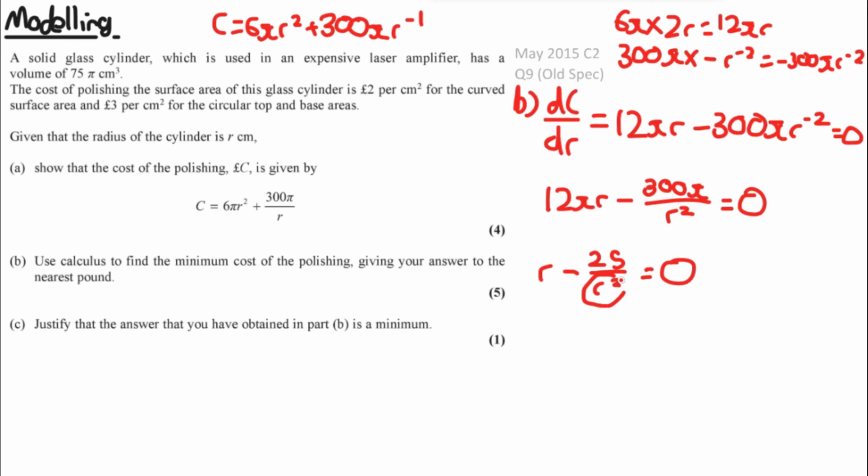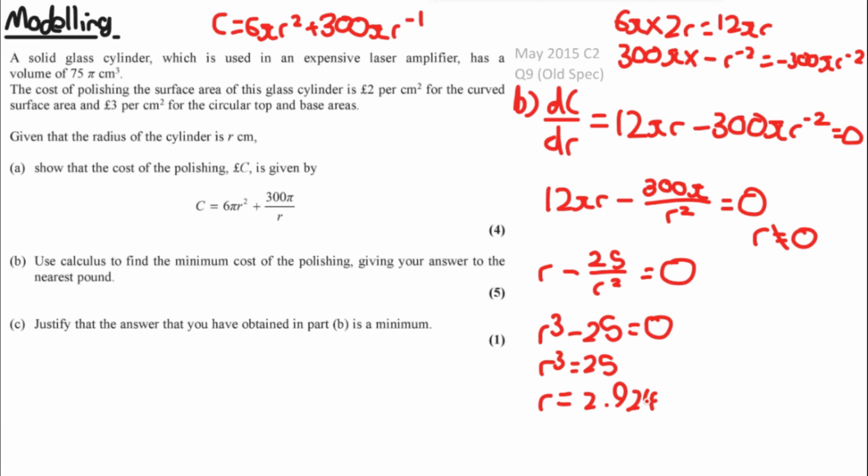Now, because r is in the denominator, we know that r is not equal to 0, otherwise we'd be dividing by 0, and that just doesn't work. So therefore we can times everything by r squared to get this out of the denominator. So times everything by r squared to get r cubed minus 25 is equal to 0. Put the 25 on the other side to do r cubed is equal to 25.